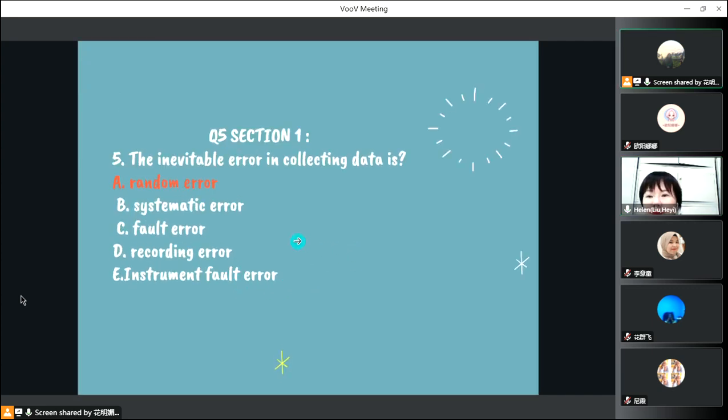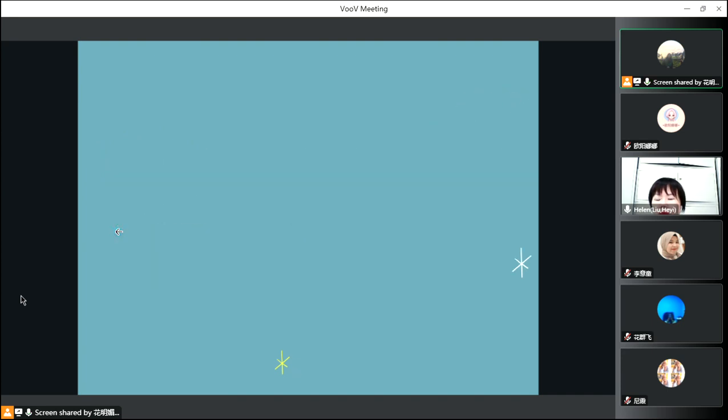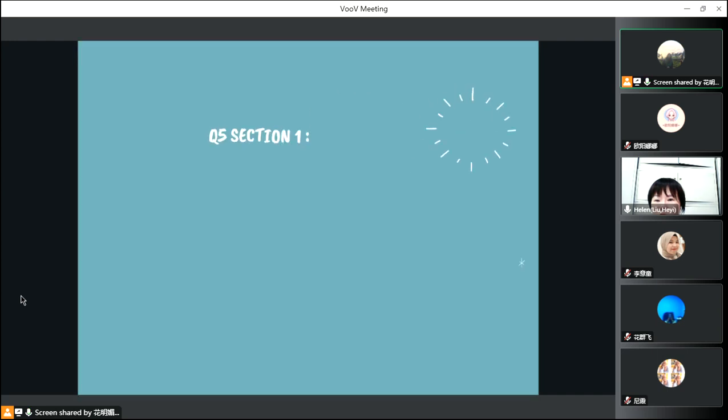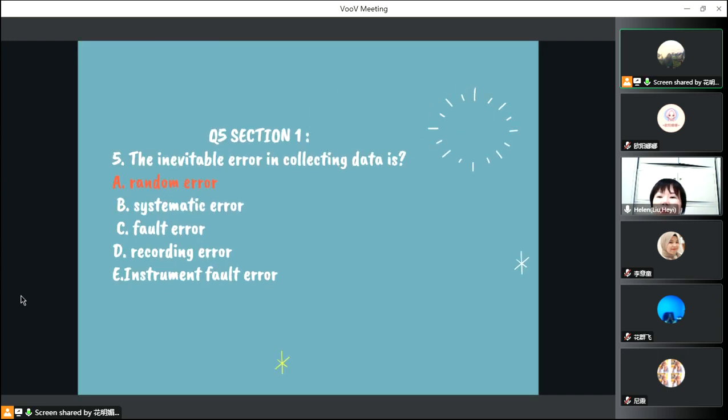Okay, thank you. And now we move on to the last question in section 1. Number 5 question is, the inevitable error in collecting data is? So I choose E, random errors, because random errors are intermediate errors caused by uncontrollable variables which cannot be defined or eliminated, just like what we explained in the previous question about random errors.